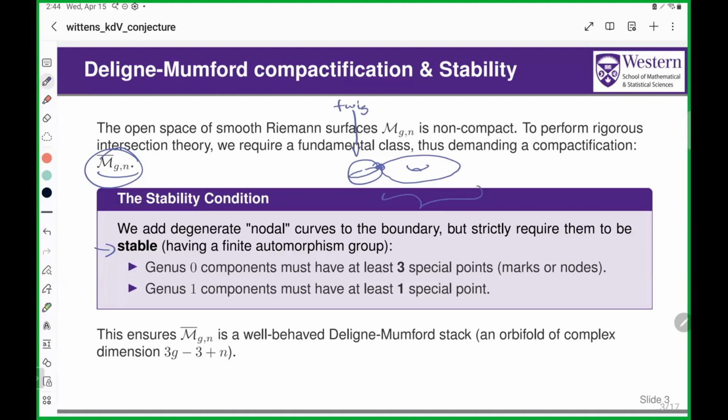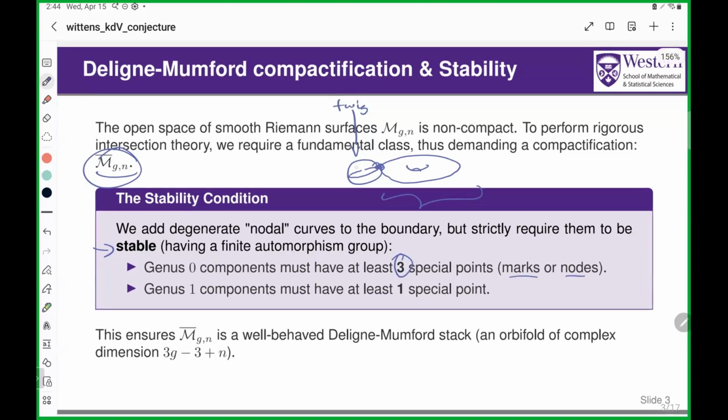In this first twig, which is a sphere, so genus 0, you need to have 3 special points, that's marks or nodes. So your marks on the curve, you need at least 2 of them here. So you have 1, 2, and then the node will be 3 points. That's what you will require. That's what you'll find for these curves on the boundary where you have a genus 0 part.